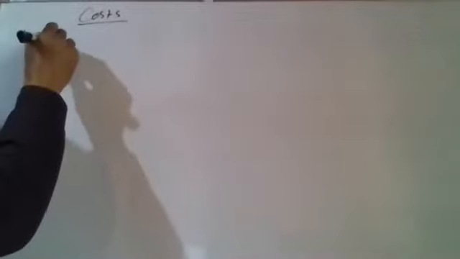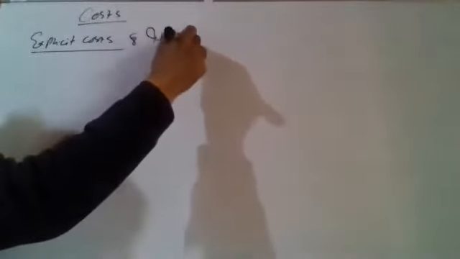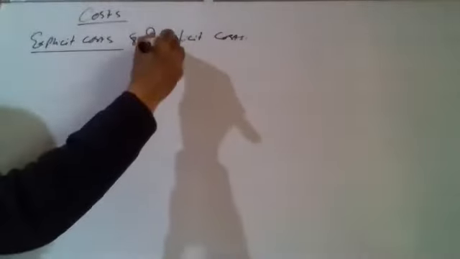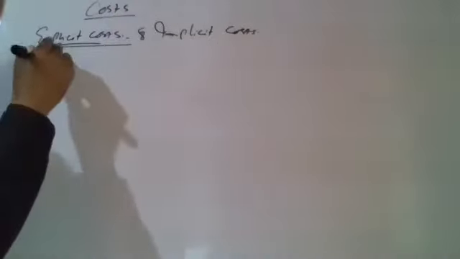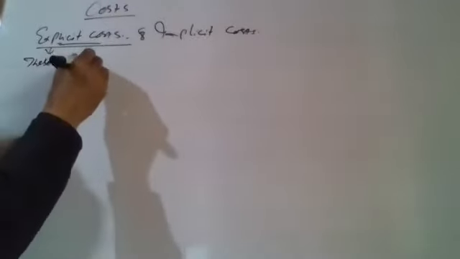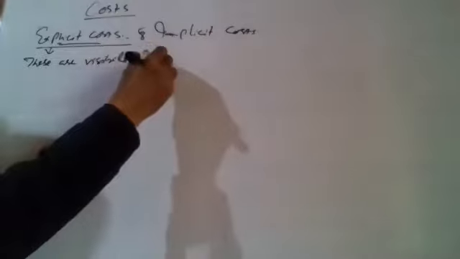Explicit costs, underline कर दीजिए. पहले हम उठाएंगे explicit costs. These are visible costs.